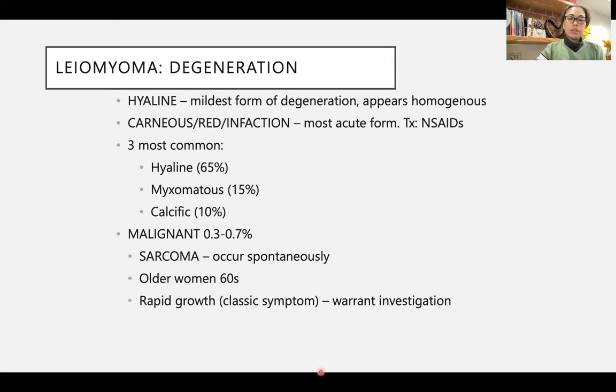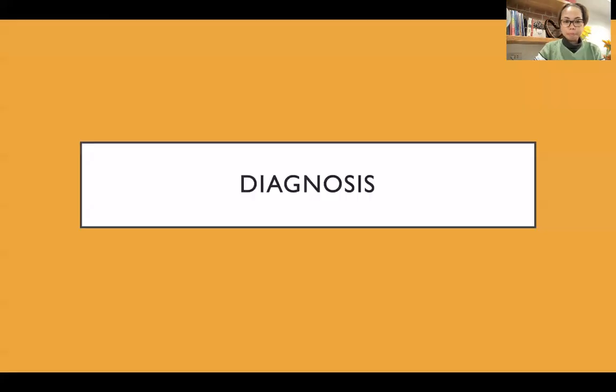Therefore, if a woman presents in her sixth decade with rapid growth of what we thought was a leiomyoma, then we should already suspect sarcoma, the malignant counterpart of the leiomyoma. Because remember, in the pathogenesis, estrogen feeds the myoma, but in postmenopausal women, supposedly, there's no more estrogen or progesterone feeding the myoma.